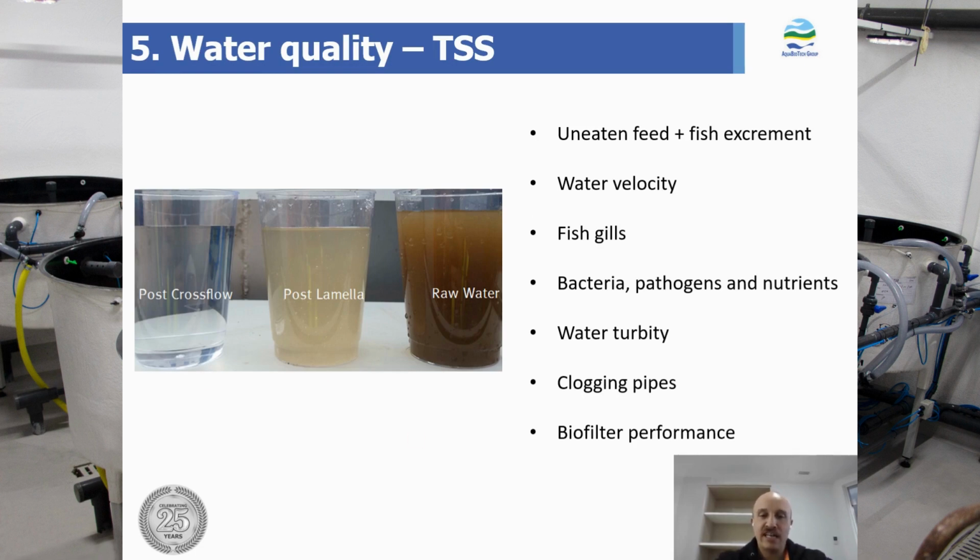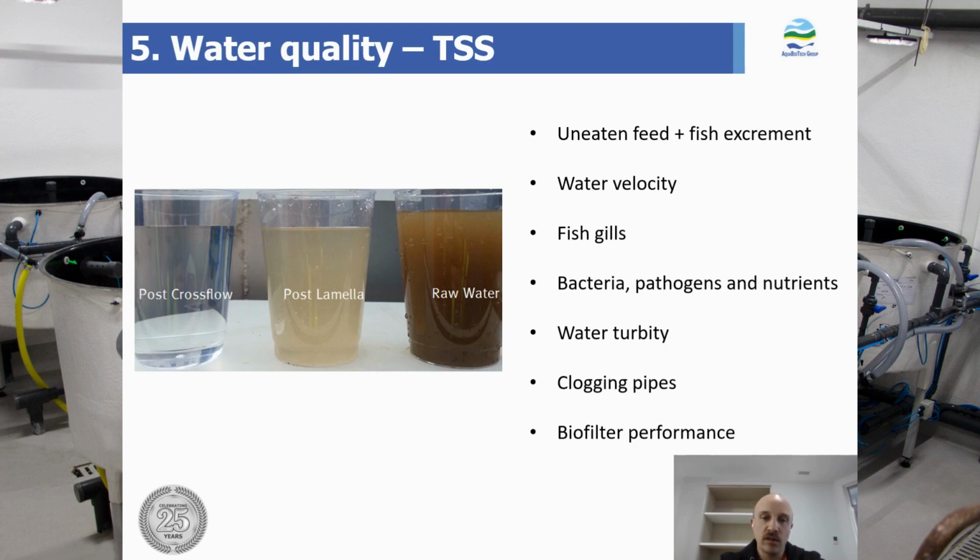TSS is a general category. We call it total suspended solids, and in general it defines the amount of solids in the water. Now these solids are coming mainly from uneaten feed and fish excrement. They are impacted by the water velocity, so they can sediment or remain in suspension.